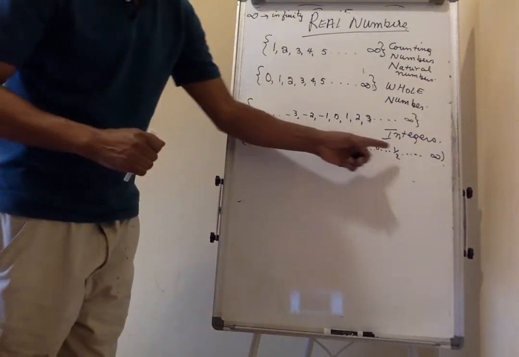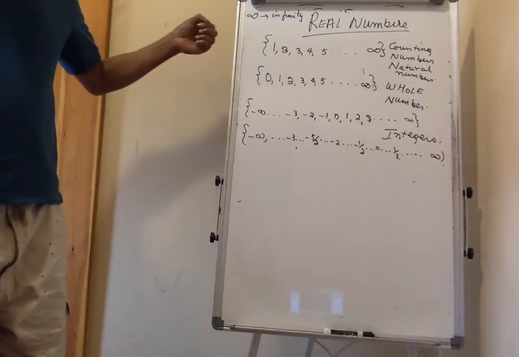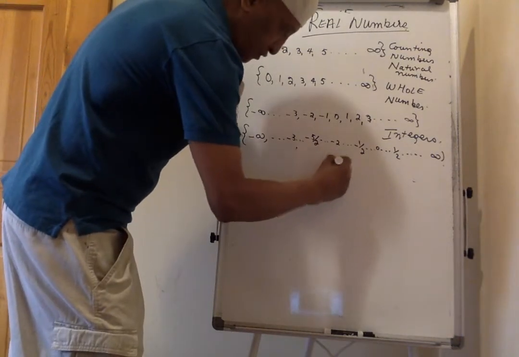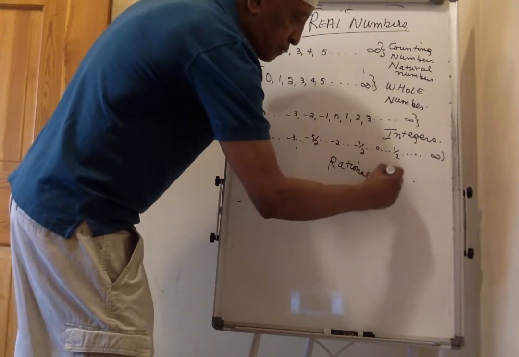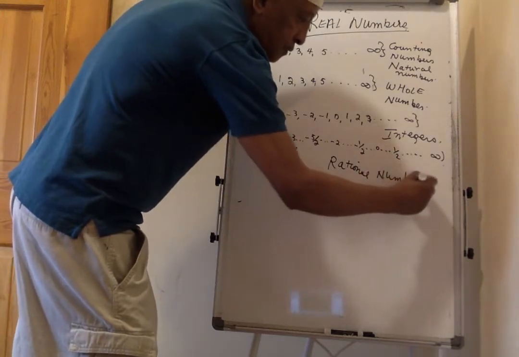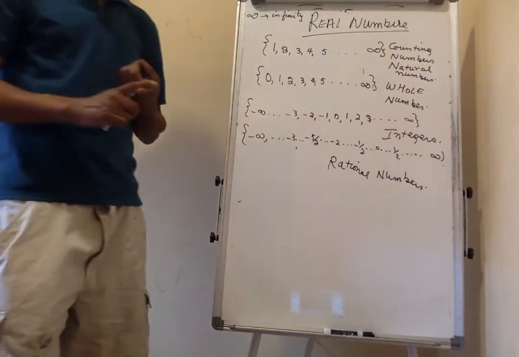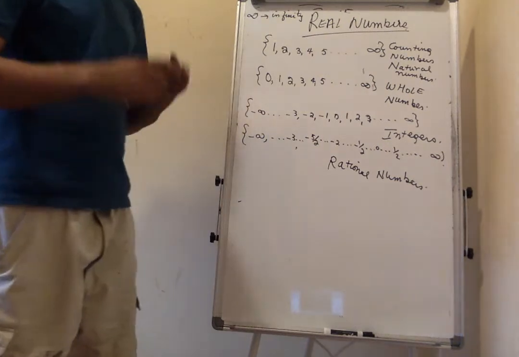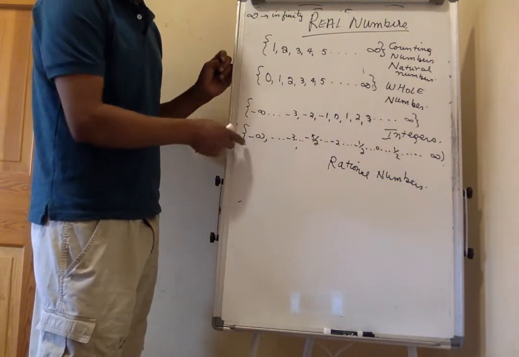I have added fractions. So, meaning what? Now it's getting bigger and bigger. This set of numbers is called rational numbers. Okay? A rational number means what? Integers plus fractions.